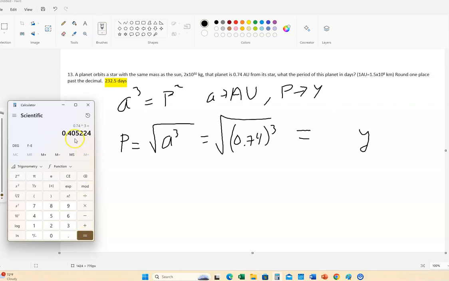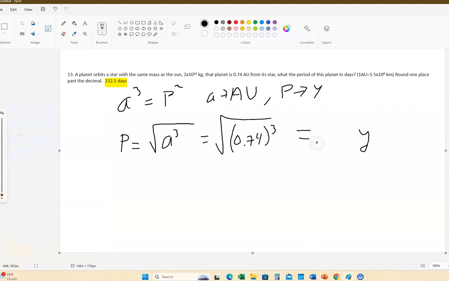So there's 0.74 cubed, and then we take the square root of that, and it gives about 0.64 years.